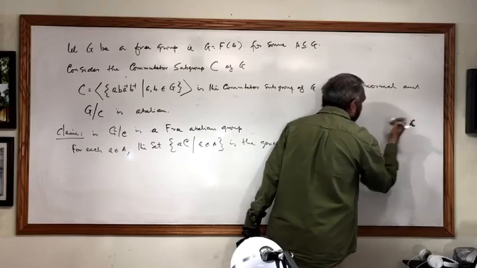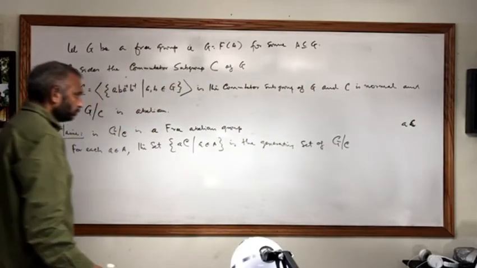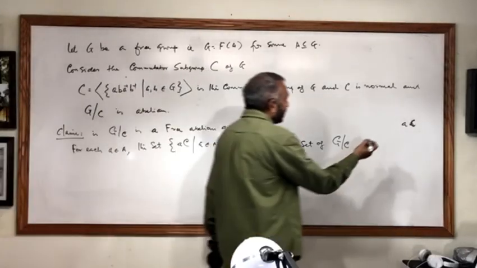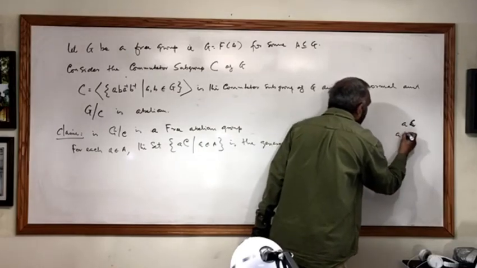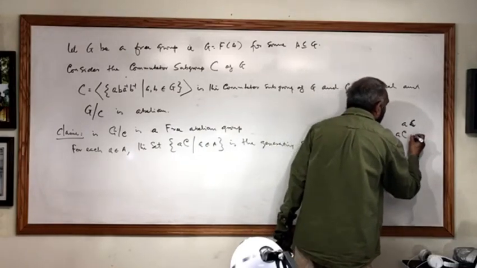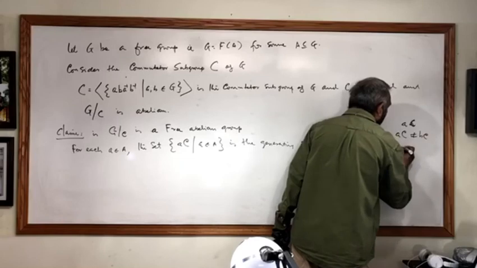It's a coset, left coset or right coset of C. And these are different elements from A. So definitely aC is not equal to bC whenever a is different from b.